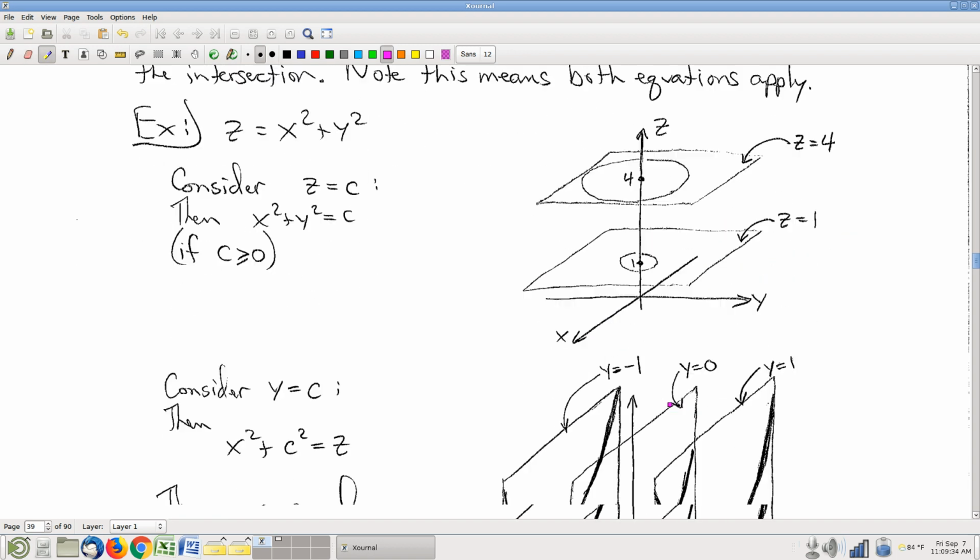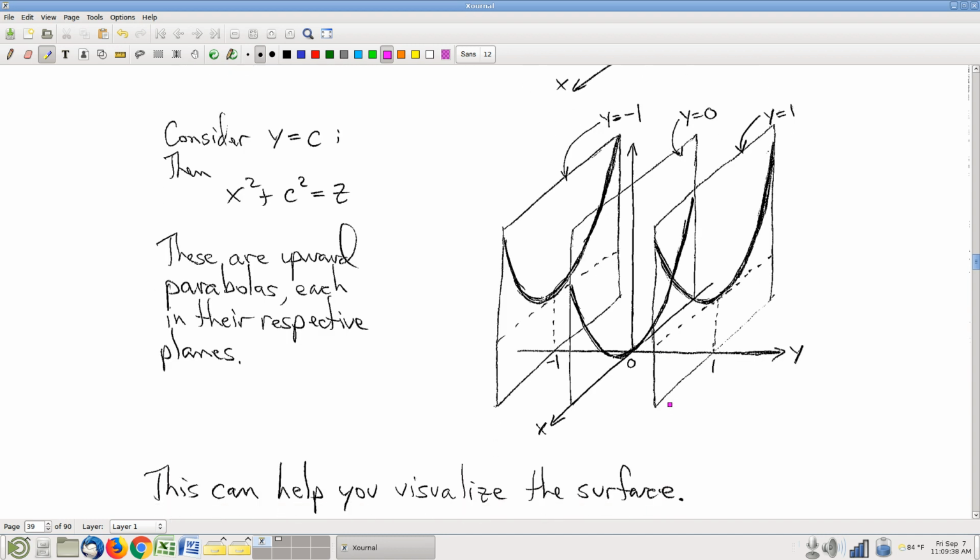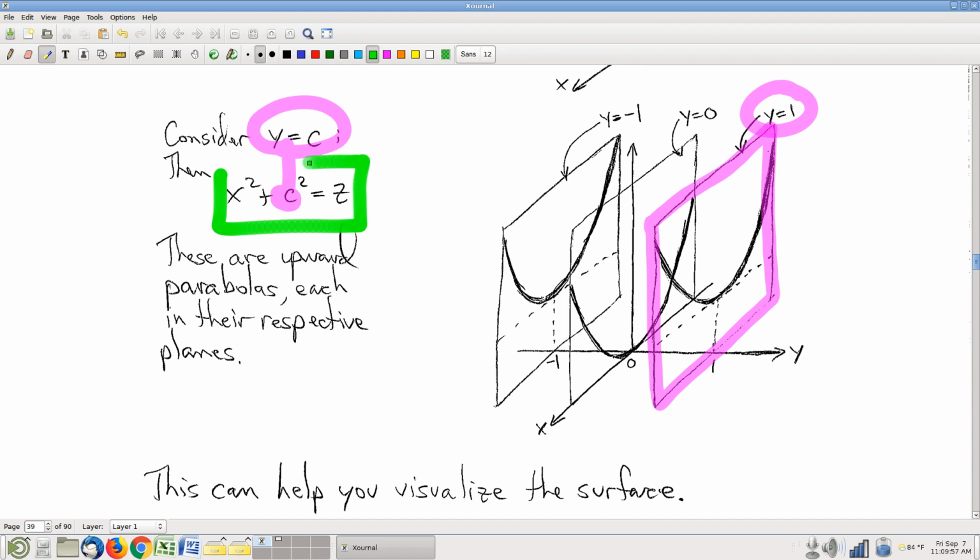Now, you can also take cross sections in other directions. So, what if we take cross sections perpendicular to the y-axis? In which case, y is a constant. Setting y equal to a constant gives you one of these equations. Now, what does that look like?